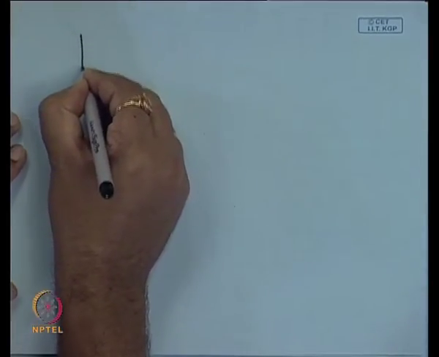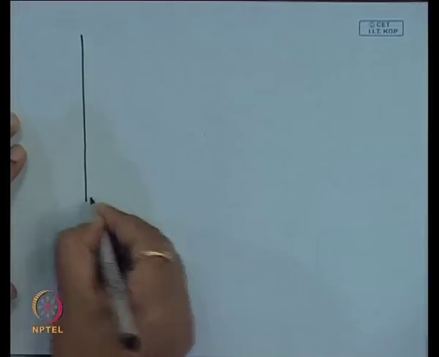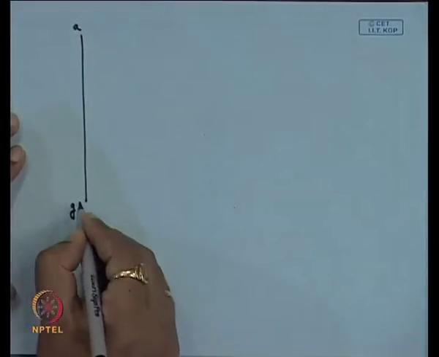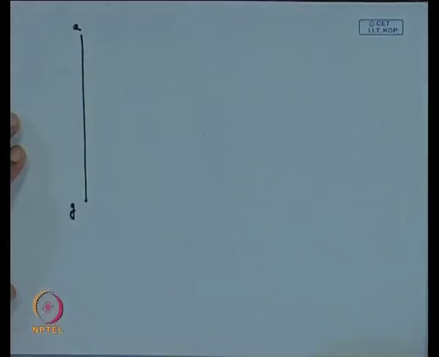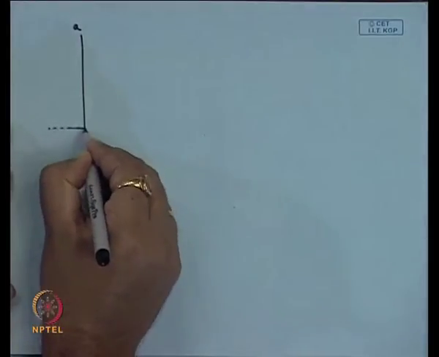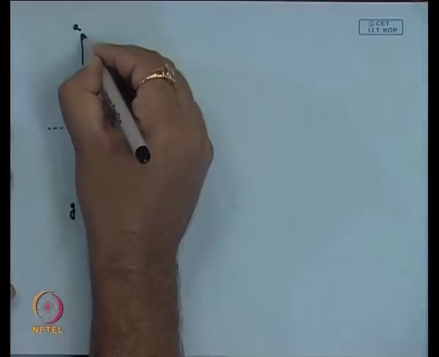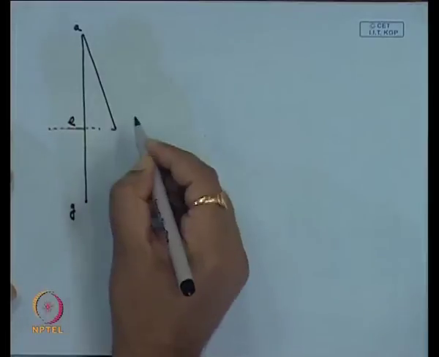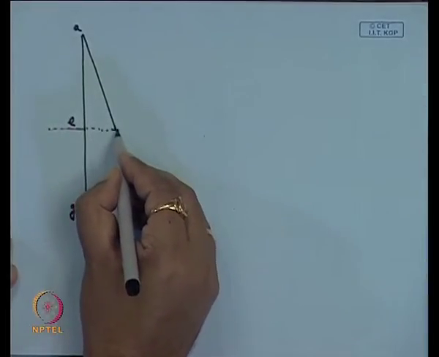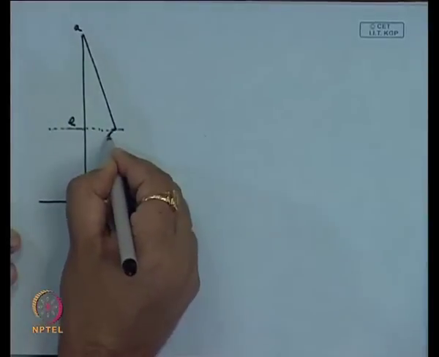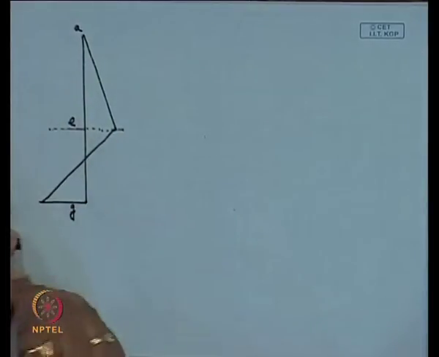So, first we will draw the earth pressure diagram of this A to G portion. This is the dredge level E. This is the earth pressure diagram here. Then it is your maximum, then it will follow this path.